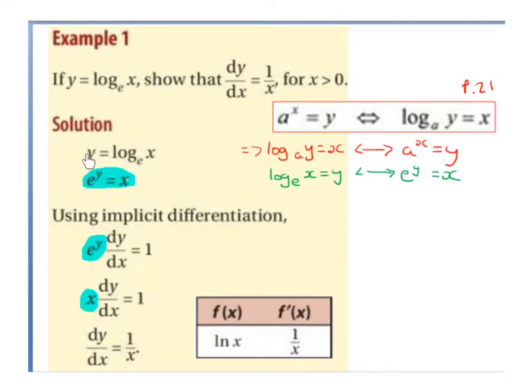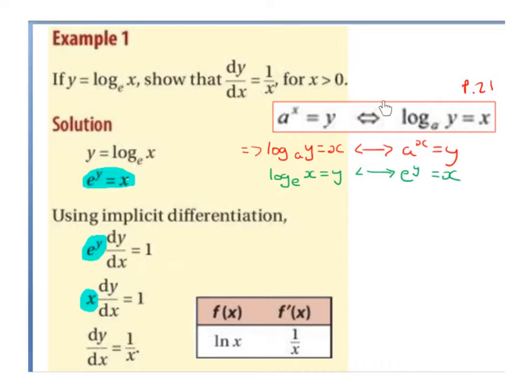So if y equals log base e of x, then e to the power of y equals x. We're using our log statement from page 21 that says that if a to the power of x equals y, then log base a of y equals x.